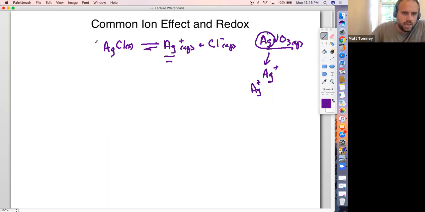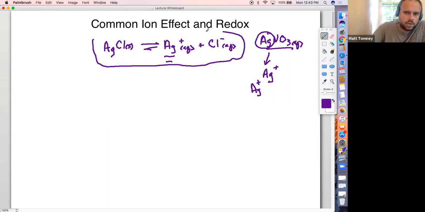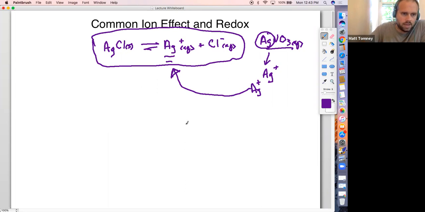If I take this in isolation, here's the equilibrium reaction. But by introducing silver nitrate, I'm pumping this value up. I'm increasing the amount of product that's there. So what is that going to do? It's going to drive the precipitation of solid silver chloride, or in other words, it's going to lower the solubility, right, the dispersal of the silver and the chloride ions.